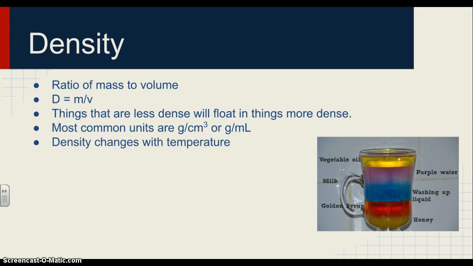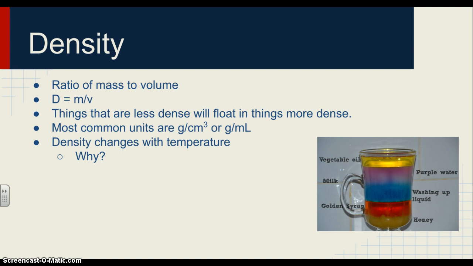Density does change with temperature. So typically densities are recorded at room temperature so that you can look them up. Now, why would that be? Take just a second to think. Why might density change with temperature? If you remember KMT, kinetic molecular theory, you'll recall that with higher temperature, the particles are moving around more.